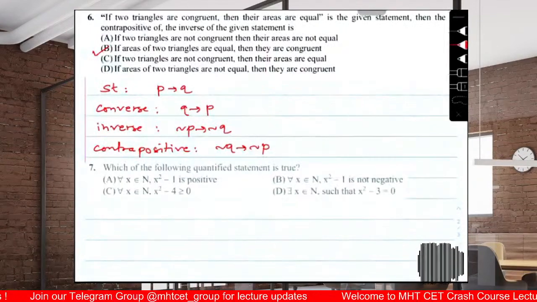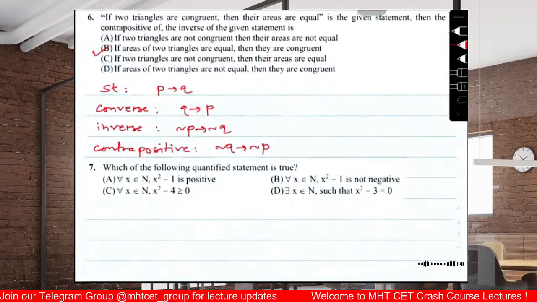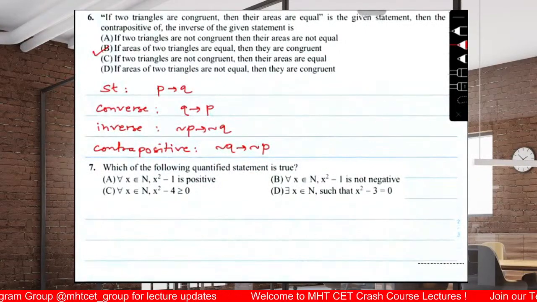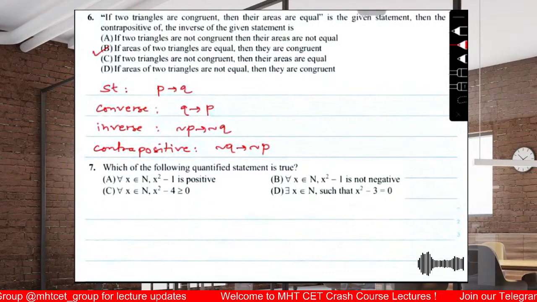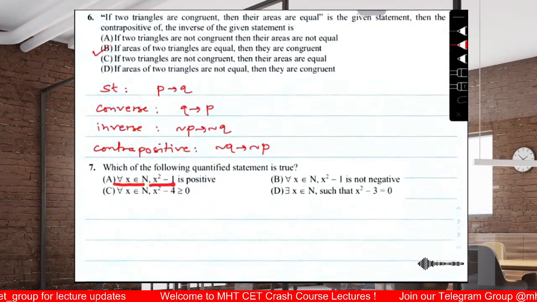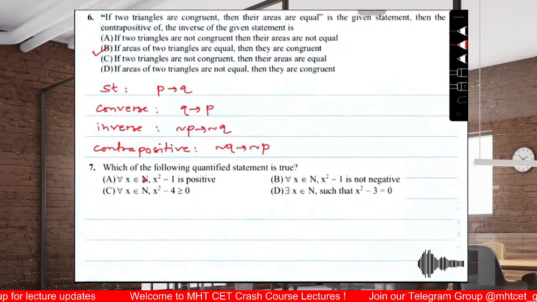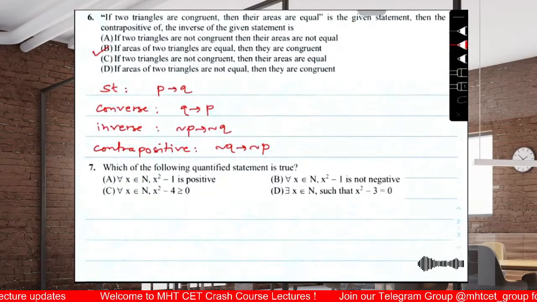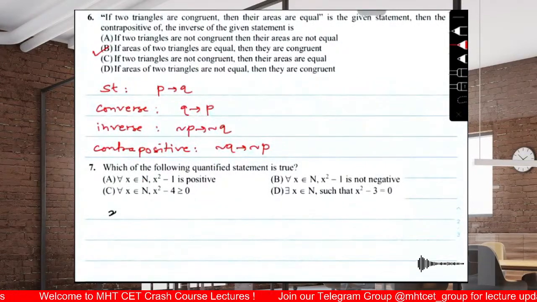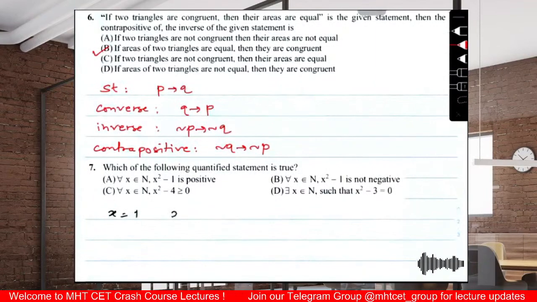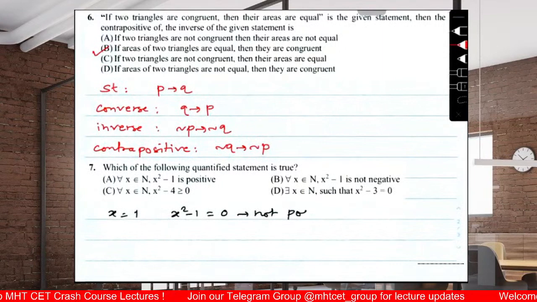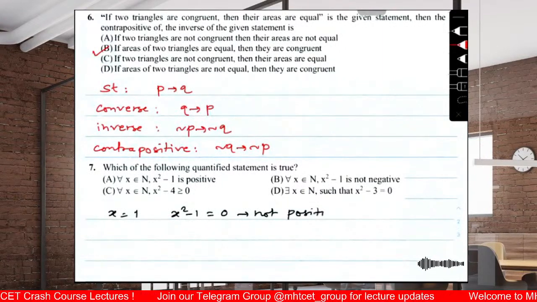Seven, देख लो. Which of the following quantified statements is true? Okay, first one is for all x belongs to natural numbers, x square minus 1 is positive. ठीक है, इसमें अगर फर्स्ट नेचुरल नंबर लेते हो 1, so suppose x is 1, then x square minus 1 will be 0, okay, which is not positive. So first one is rejected.